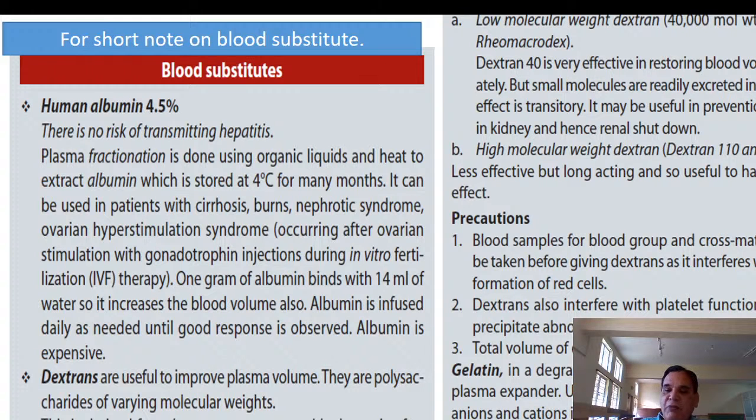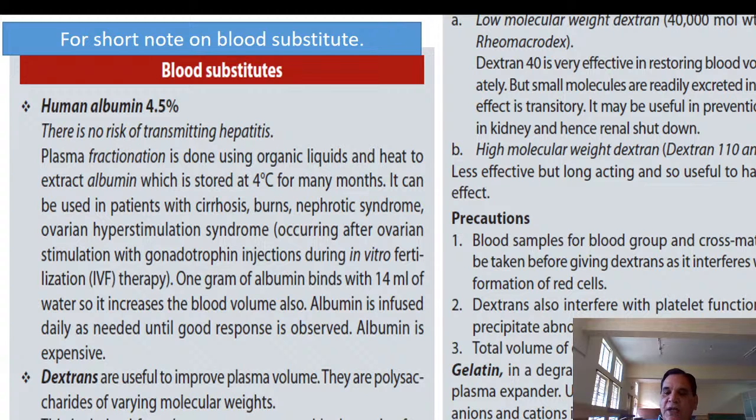So if there is major hypovolemia due to blood loss, we must give dextran. But here the small molecules are rapidly excreted by the kidney, so the effect is transitory. High molecular weight dextrans like Dextran 110 and Dextran 70 are long acting, so they are used whenever you expect a prolonged effect.